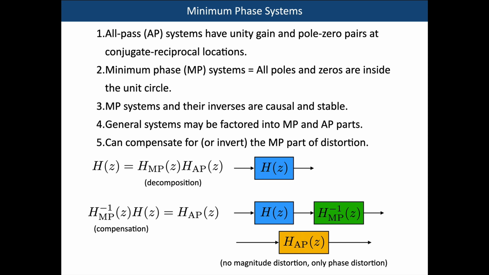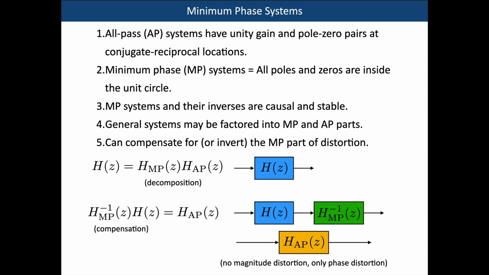So this is good because if you have a minimum phase system which distorts a signal and you want to undo that distortion, you can do that just by using a causal stable inverse transfer function. So that's very good.